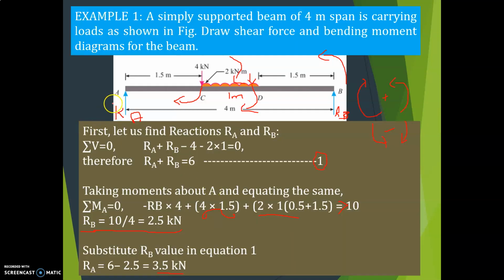Next, bending moment at A. Bending moment at A is equal to 0, because in the case of a simply supported beam, bending moment at the support is equal to 0, but you do that calculation. How to do?